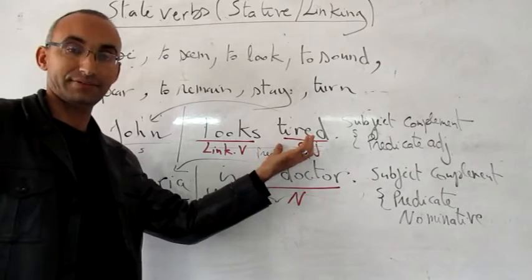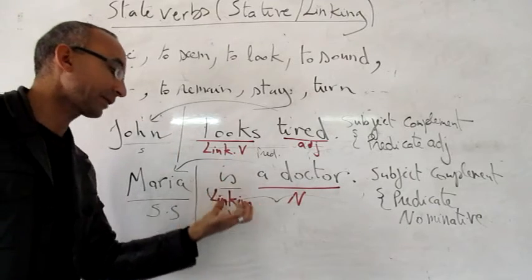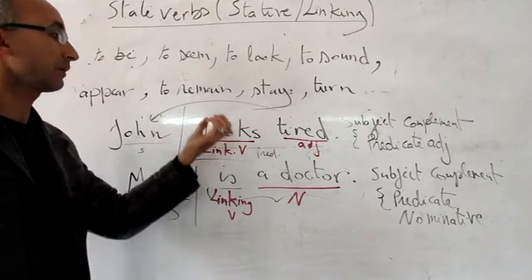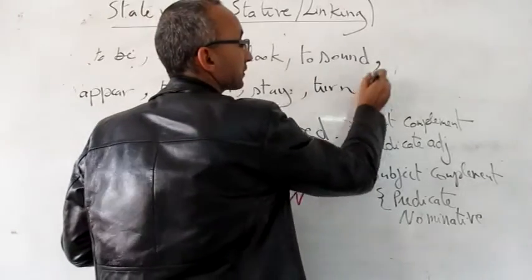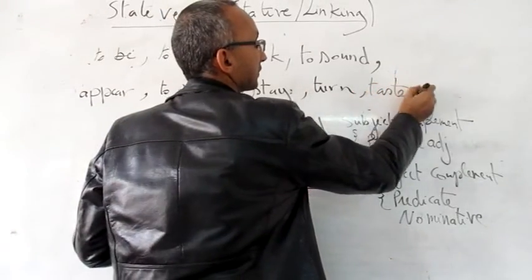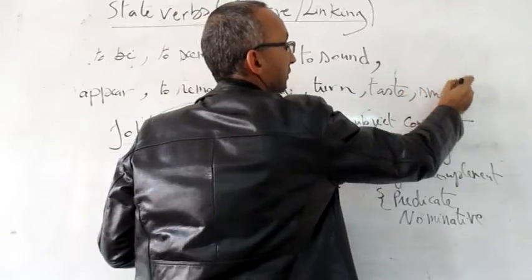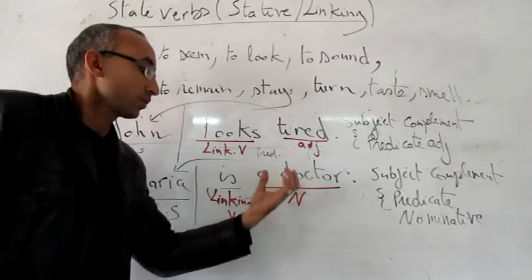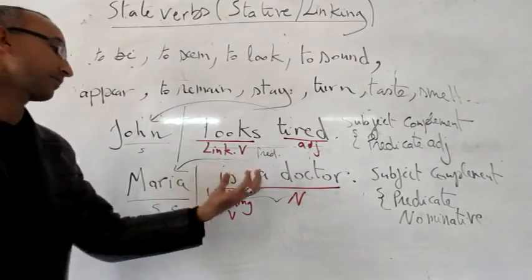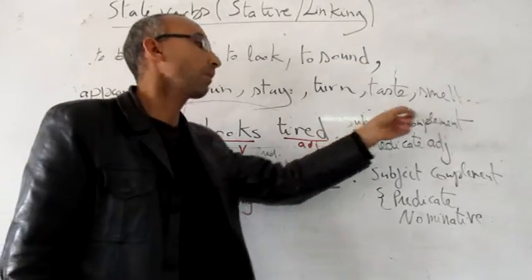So these two elements, whether adjective or noun, which always come after a linking verb, after look, after see, after also taste, smell, and so on, which always, I said, come after a linking verb, they are called, both of them, subject complement.